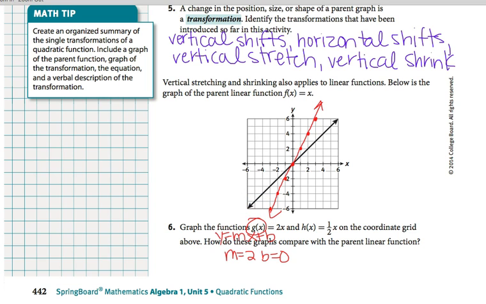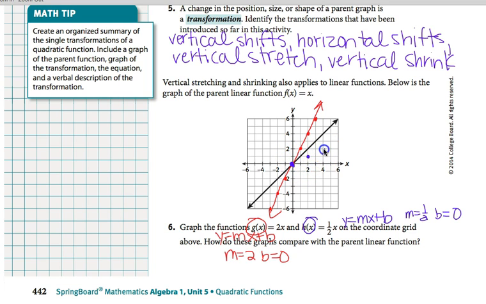If we look at our h of x, if I look at it as y equals mx plus b, h of x in blue, we would have an m value of 1/2 and a b value of 0. So that means that, again, I'm starting at 0, 0. And now my slope is 1/2, so that means up 1, right 2.